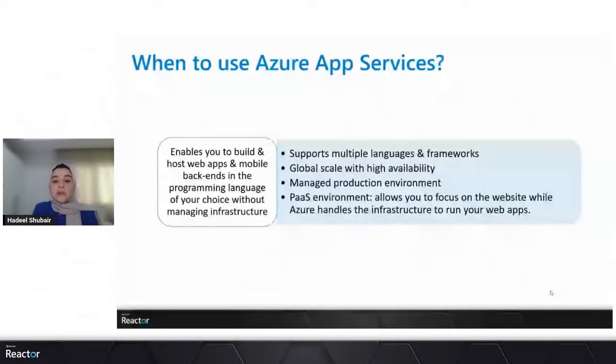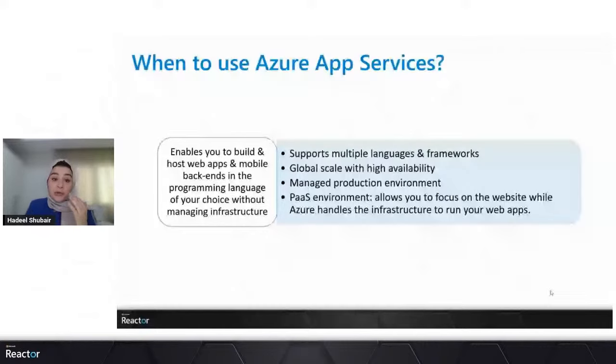And with Azure App Services, it reaches a global scale with high availability. It has a very managed production environment where you can produce and deploy your applications. It supports multiple languages, from Python, Java, C++, .json, and so much more, PHP as well.